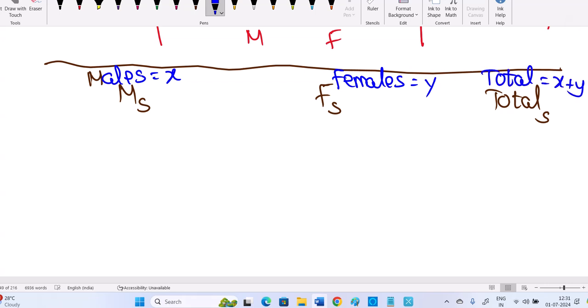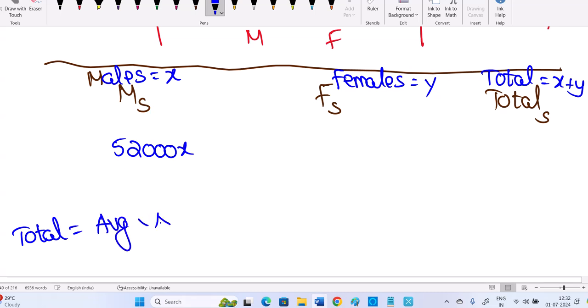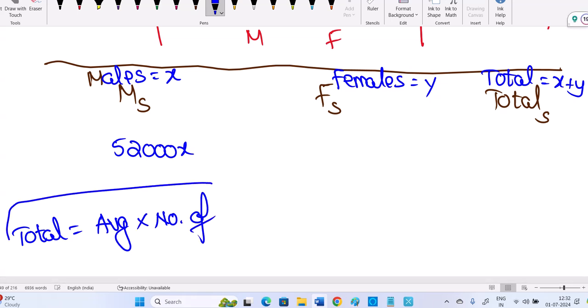Now salary. Average is total divided by number of, so total male salary is nothing but average into number of people. What is the male average? 52,000. Total is equal to average into number of. So male salary is nothing but average salary of male into number of males.